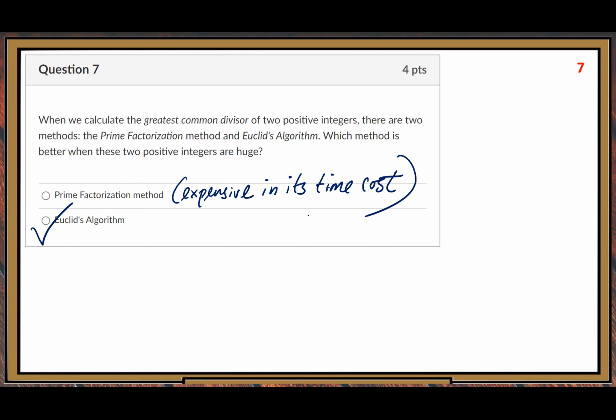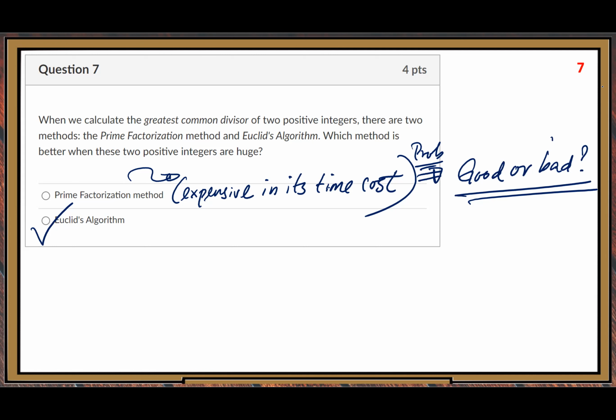All right, so we know the prime factorization method is very expensive. The question is, is it a good thing or a bad thing? Slow computation, this is a problem. We know the problem is bad, right?